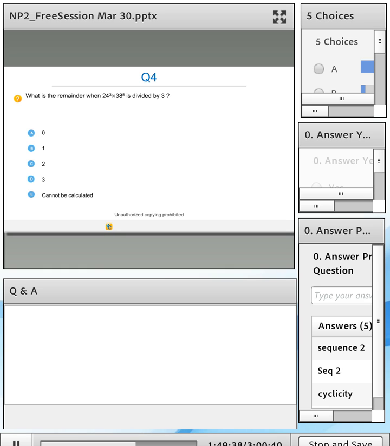Okay. 24 is completely divisible by 3. Absolutely right. So in this question, you didn't really need to do anything. Look at the numbers. This question has been added to simply tell you to make certain observations on the information given in the question statement before you delve into solving it using your process.